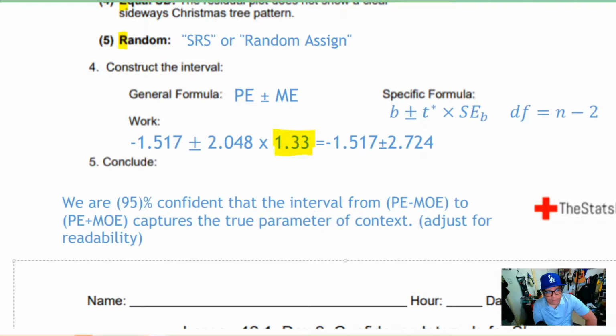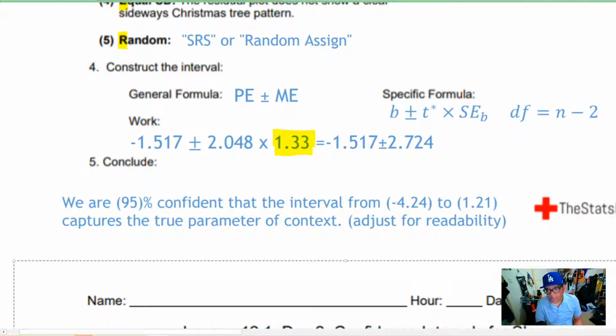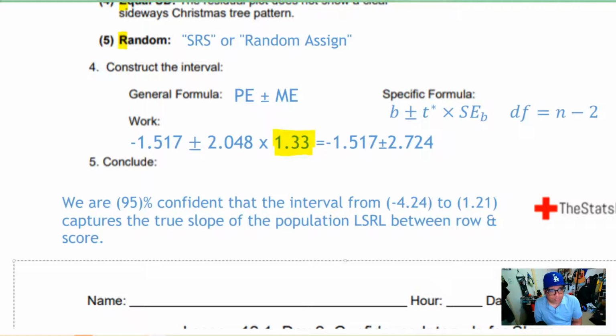We are 95% confident that the interval from, well, now we have to compute negative 1.517 minus 2.724, so negative 4.24 to 1.21 captures the true slope of the population LSRL between row and score.